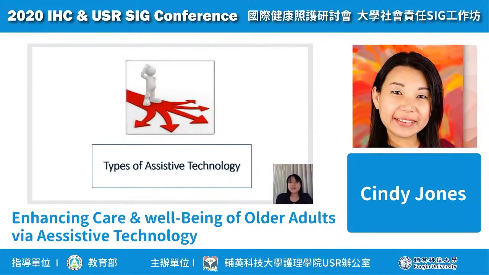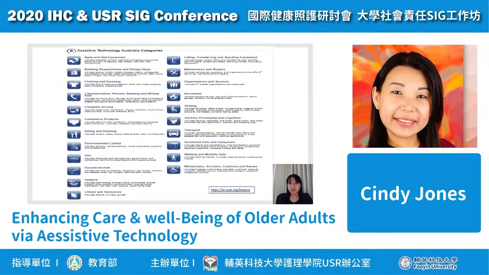So what are the different types of assistive technology? In Australia, within our National Disability Insurance Scheme, we have different categories of assistive technology, as you can see on this slide here.